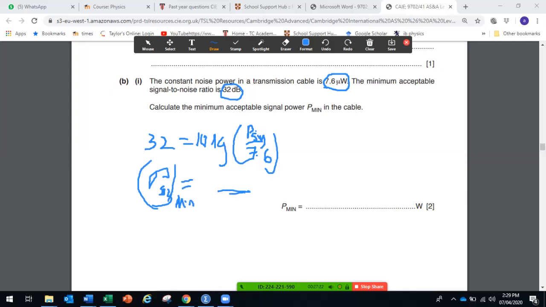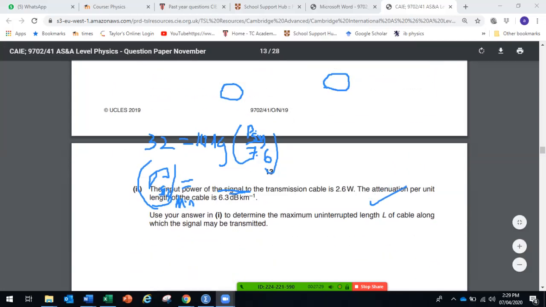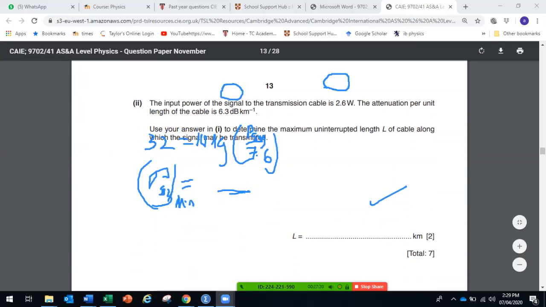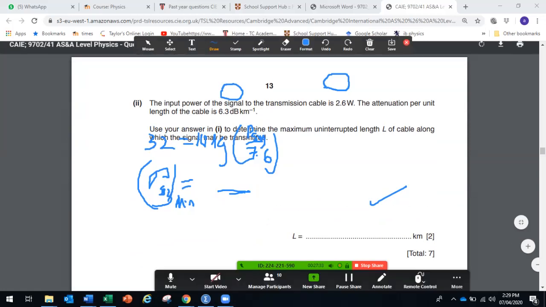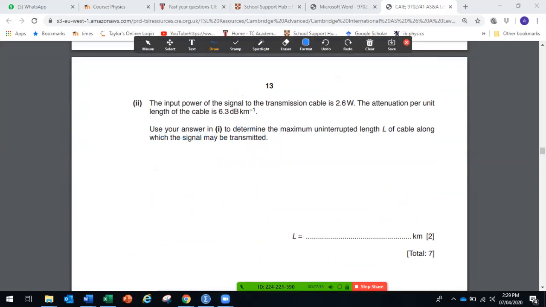Then the next question. After that, they say the input power of the signal is 2.6. So now we have to use the 1 over L 10 log formula.